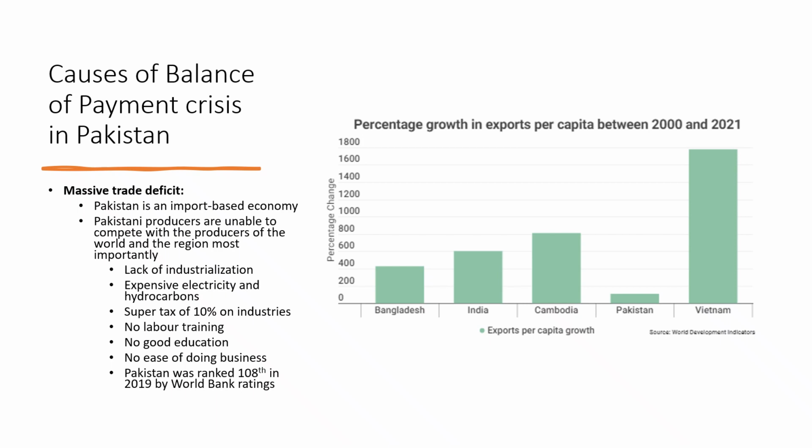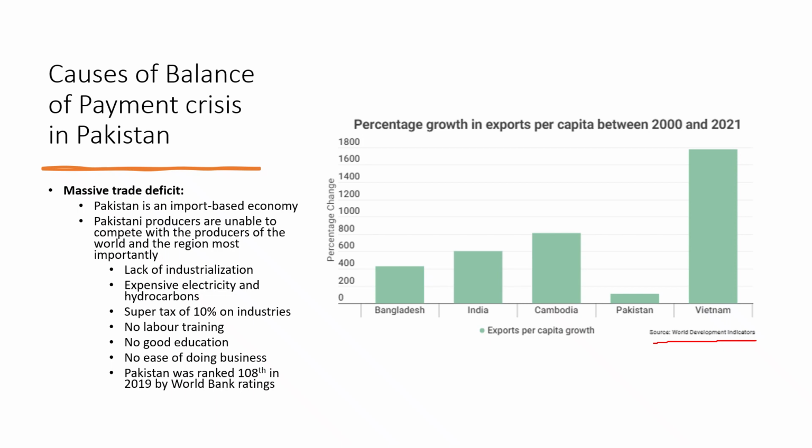I've added a very good graph here, and the source of this graph is World Development Indicators, and this graph compares the percentage growth in exports per capita between 2000 and 2021, and it compares the data of the countries of this South Asian region.